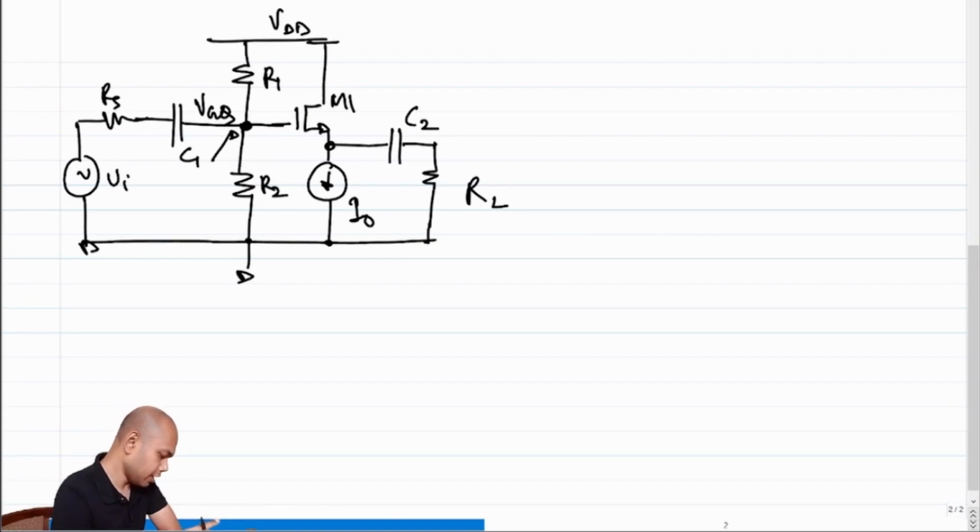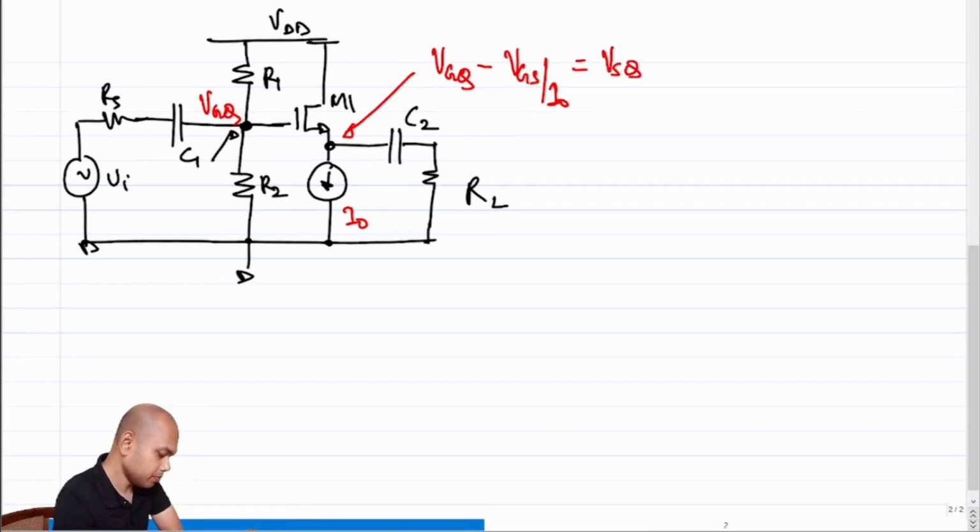So we have a voltage VGQ. This current is I naught. Okay. So what is the voltage at the source? This voltage at the source is VGQ minus VGS for a current of I naught. So let me call this VSQ.